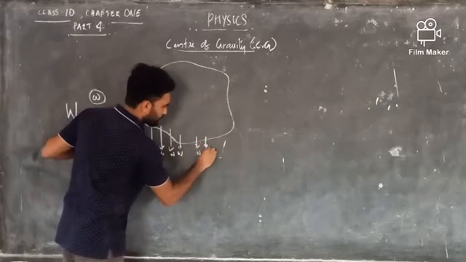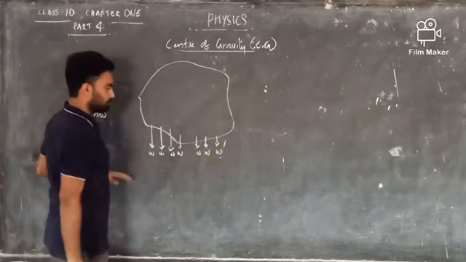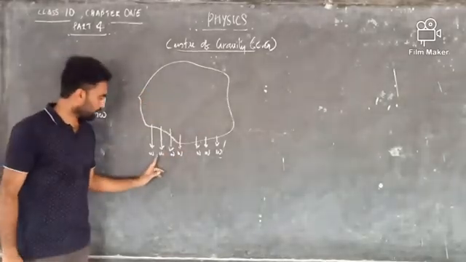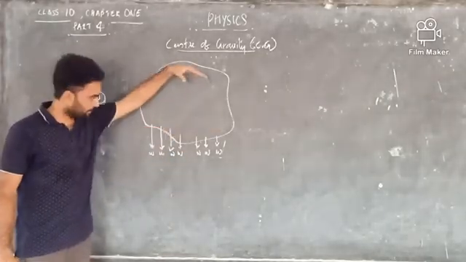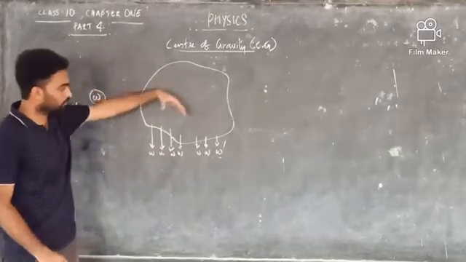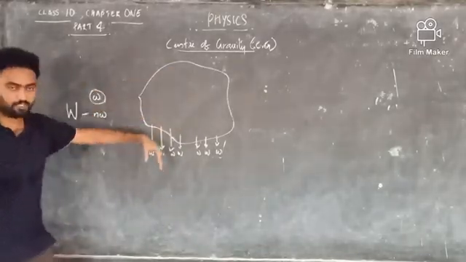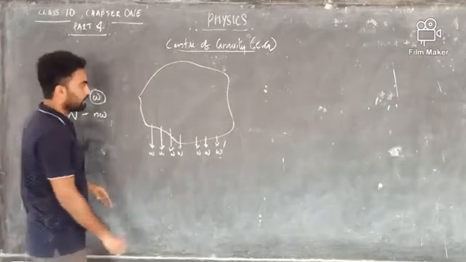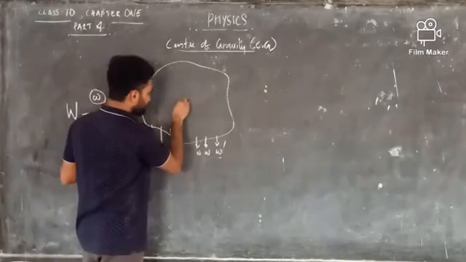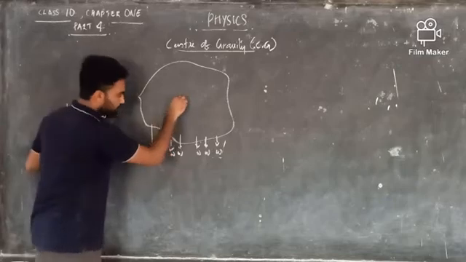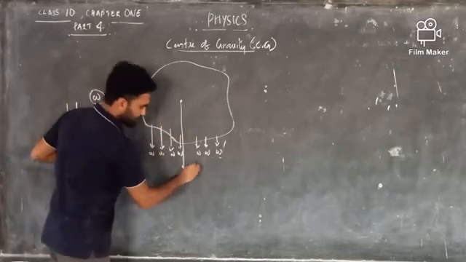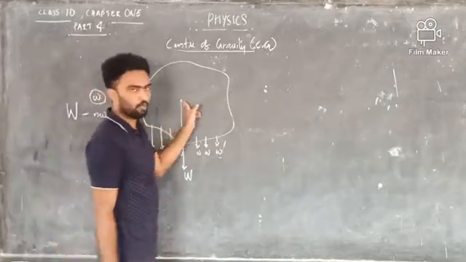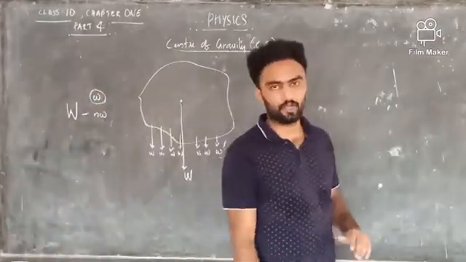With n number of particles, there will be n number of w weights, all acting downward and parallel due to gravity. In such a manner, there will be one point from where the total resultant weight will act in the downward direction, and that point on the body is called the center of gravity.